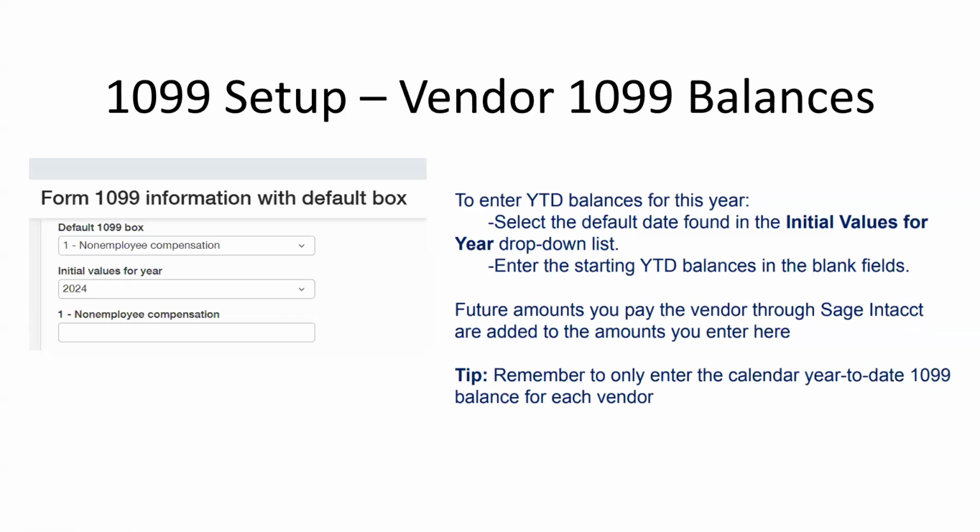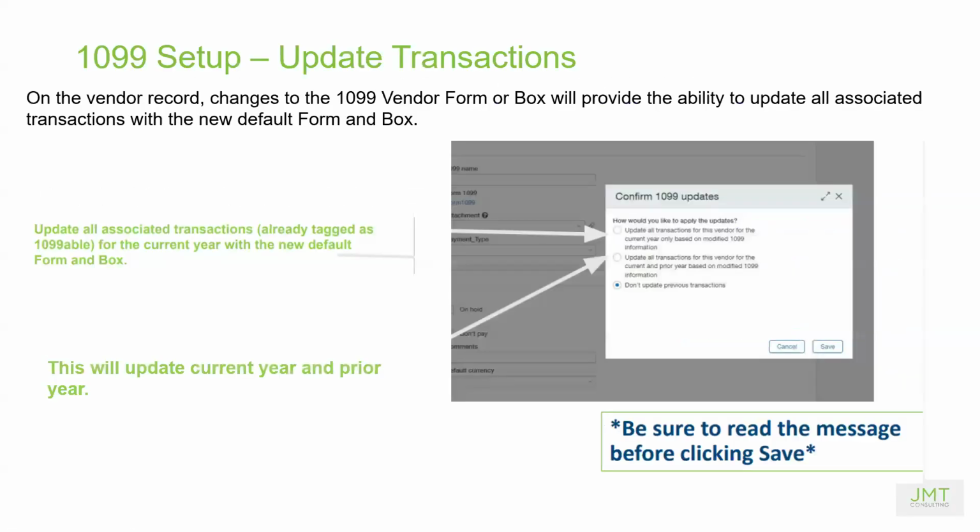If I enter this information, let me go to the next slide. If I enter this record and this vendor already has some payments made in your system, when you click save, once you've entered that 1099 information, you're going to get a pop-up window that says confirm 1099 updates.